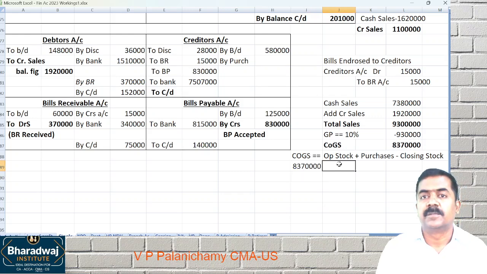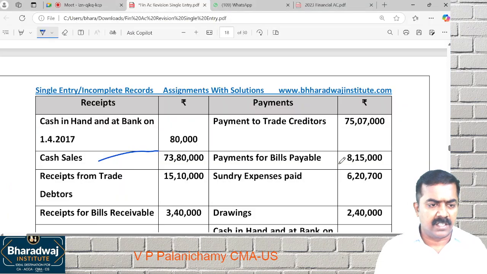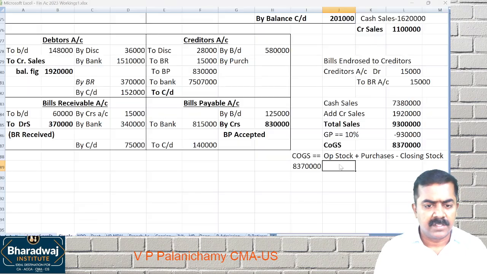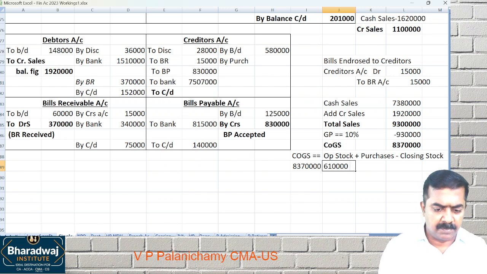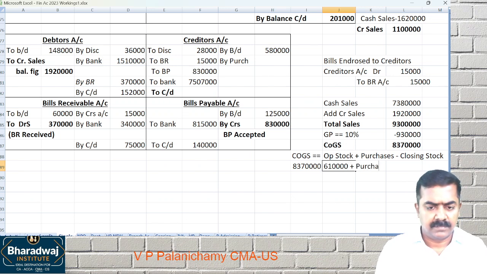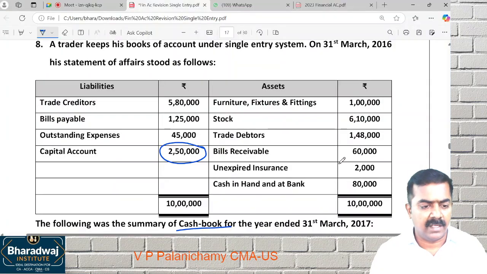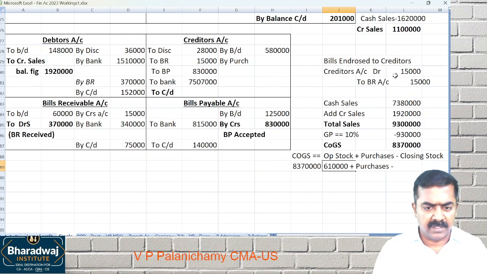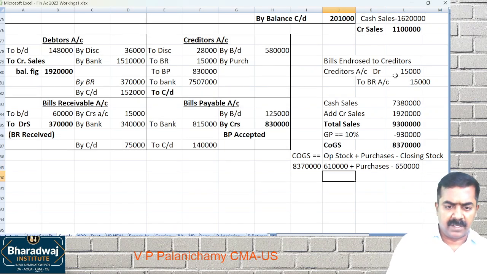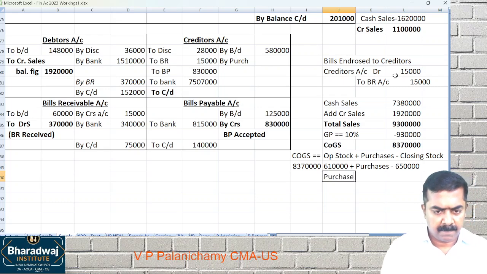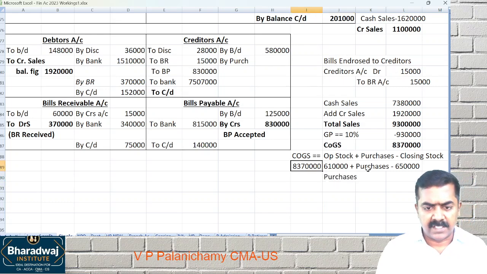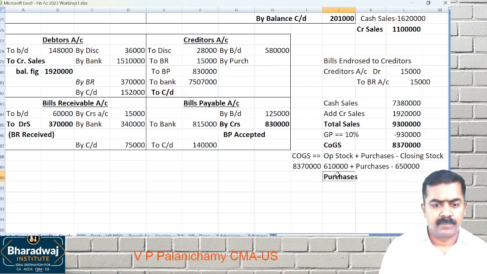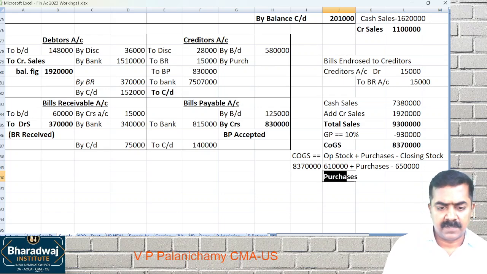Opening stock is given in the opening balance sheet: 6,10,000, plus purchases unknown, minus closing stock, given at the end: 6,50,000. Solve, and you will get purchases: 83,70,000 plus 6,50,000 minus 6,10,000. You'll get purchases.